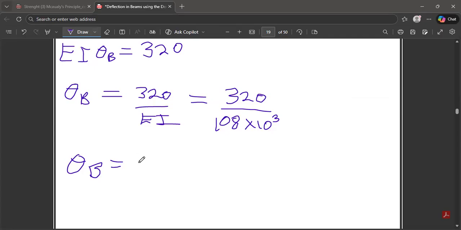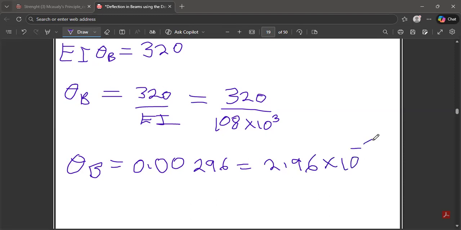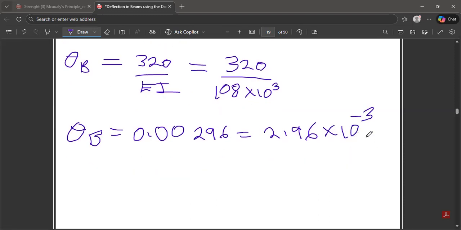So we had 0.00296, which is the same as 2.96 times 10 exponent negative 3. Okay, so therefore we can say that our theta at B is equal to 0.3 rads.